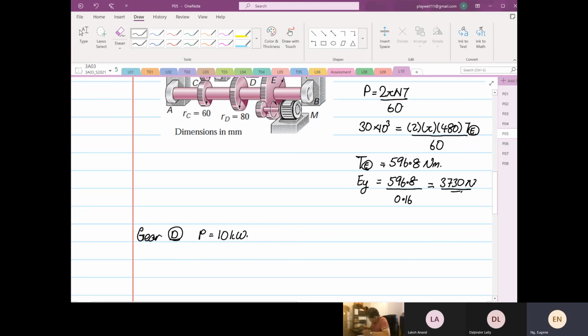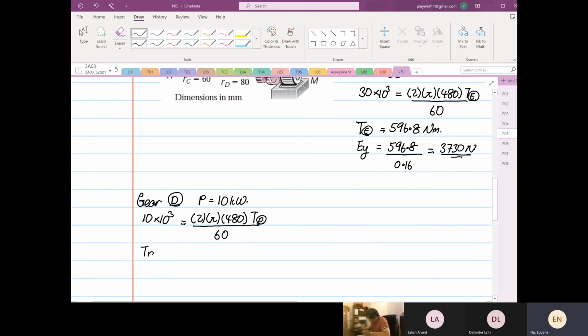So the same formula we apply: 10 times 10 to the power 3 is equal to 2 pi times 480 times the torque at point D, divided by 60. So the torque at point D is equal to 10 to the power 3 times 60 divided by 2 pi divided by 480.